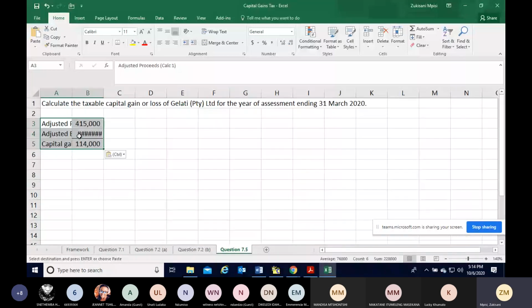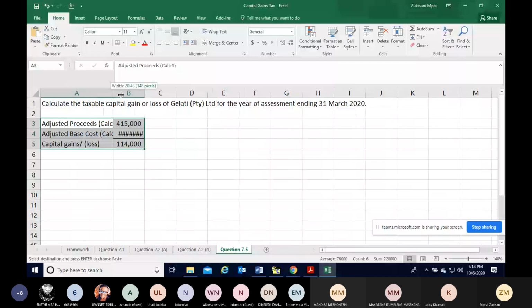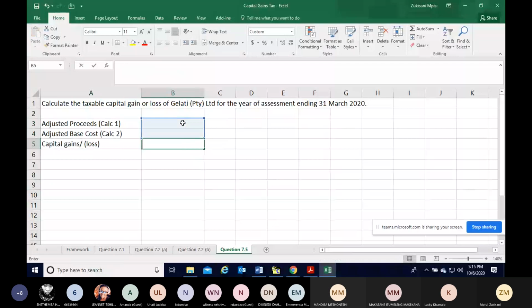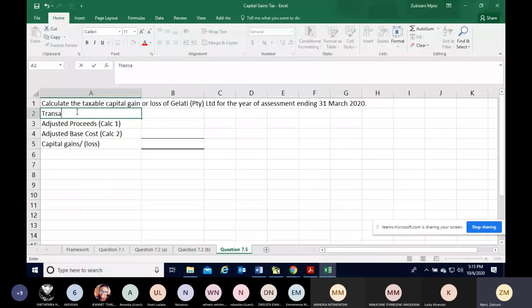This is basically what we want to achieve: to calculate adjusted proceeds and adjusted base cost. The problem now is we have to do this calculation for transaction 1 and the same calculation for transaction 2.